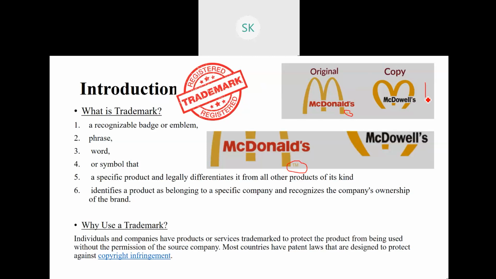So this is the case of infringement. But to differentiate a legitimate trademark, we can see a trademark sign, that is a TM sign, which differentiates it from a fake sign. So the use of a trademark is to differentiate between the original product and the fake or copy product.